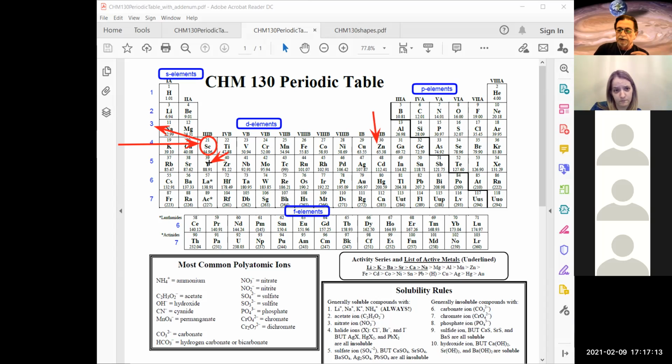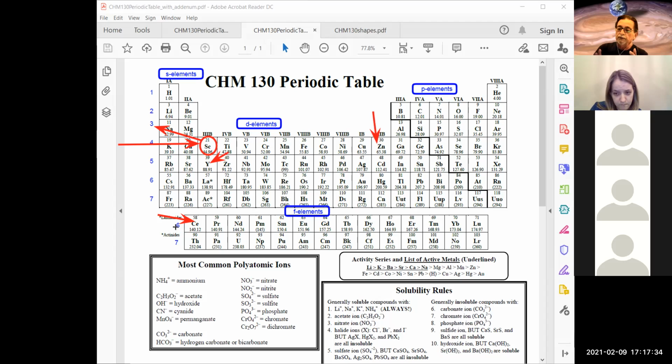Now, the other thing that could be confusing would be the F. If you ever need to start number 58, that's where the F elements begin. Being in period number 6, you would think it's going to be 6F, but unfortunately that's not the case.